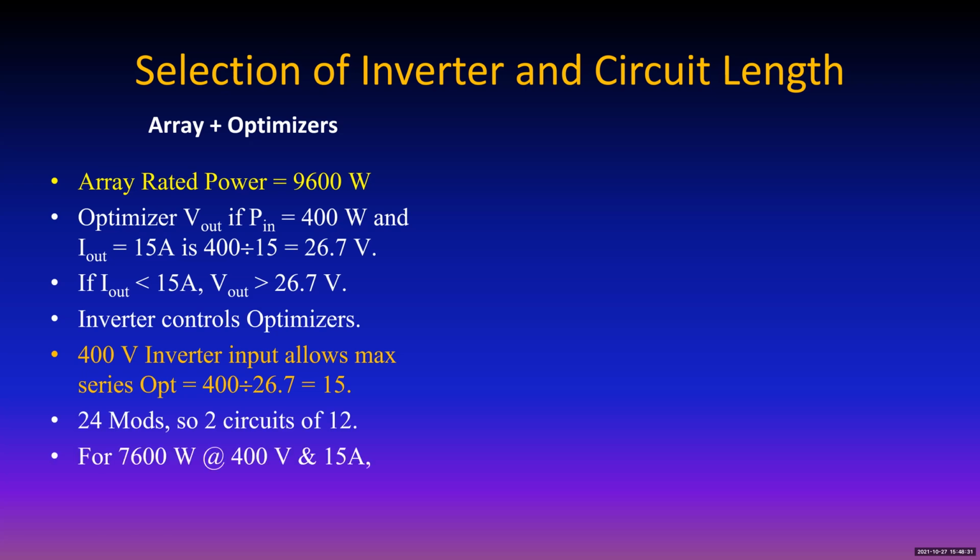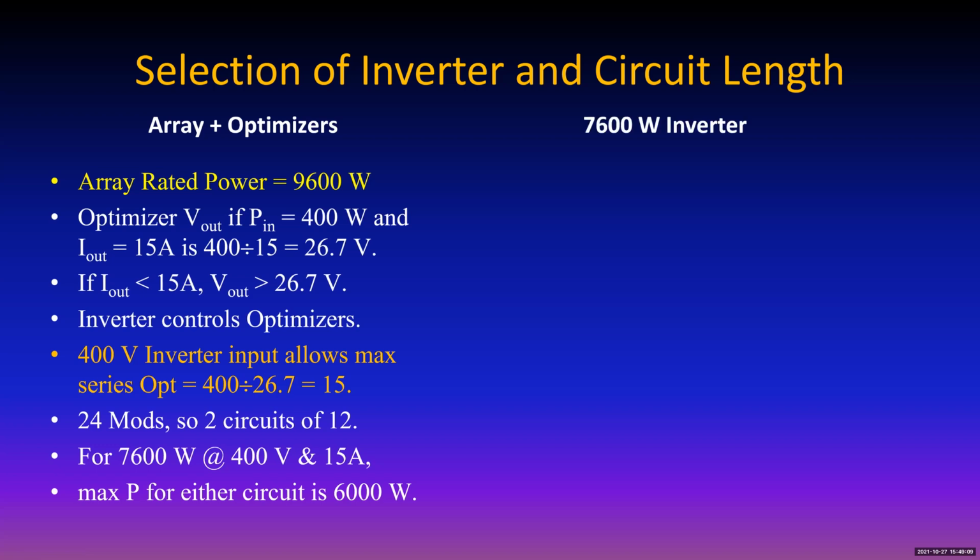So 24 modules, if you have 2 circuits of 12, and a 7,600 watt inverter with 400 volts and 15 amps max. That's what you're looking at for the array plus optimizers. The maximum power in each of these 12 times 400 is 4,800. So each of the circuits is well within the allowed power.